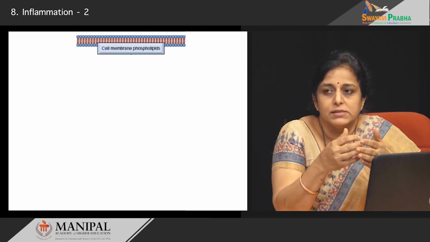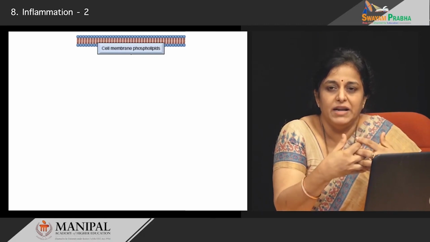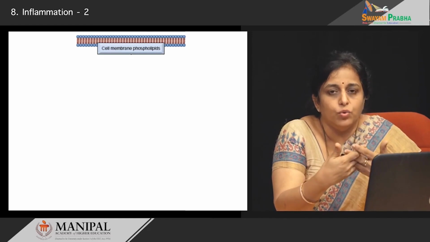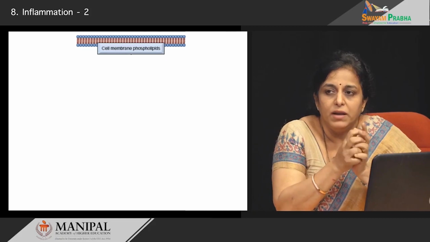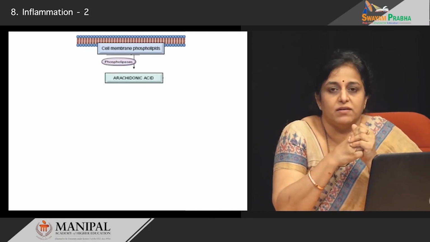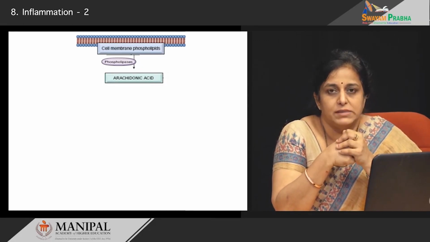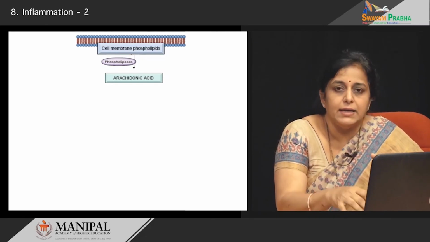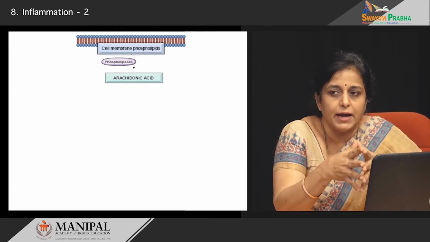Whenever there is inflammation, apart from releasing the preformed mediators, these immune cells also start producing new chemical mediators to sustain the inflammation. Now, the membrane phospholipids are converted to arachidonic acid, and this process is brought about by the action of the enzyme phospholipase. This arachidonic acid that is formed from phospholipids takes two pathways, actually three pathways, the third one being not that important.